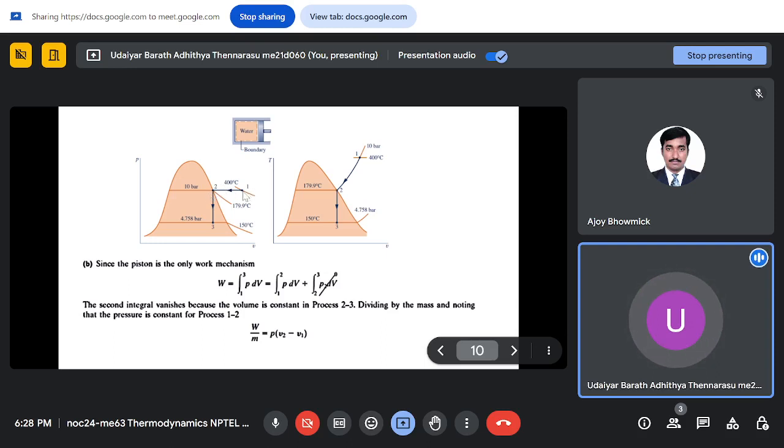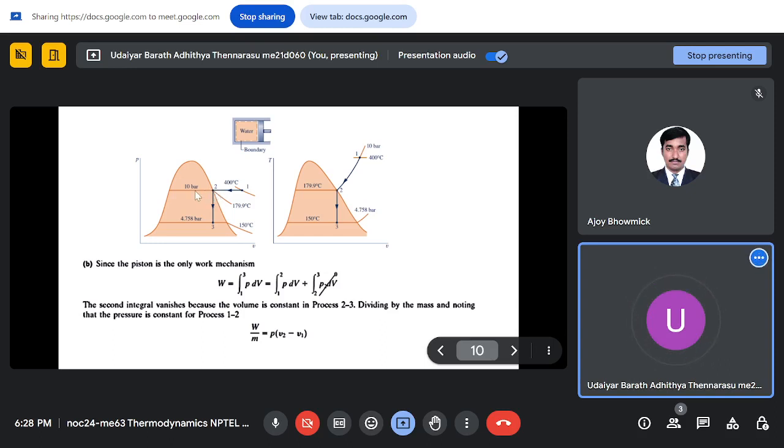Initially at 1 this is at a superheated state. Corresponding to 10 bar and 400 degrees Celsius, if you plot in a PV diagram, you will find that this is in a superheated state. So what you have is steam, and you are compressing the steam. During the process, the water reaches the saturated vapor state at point 2.